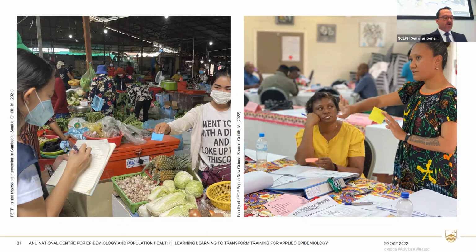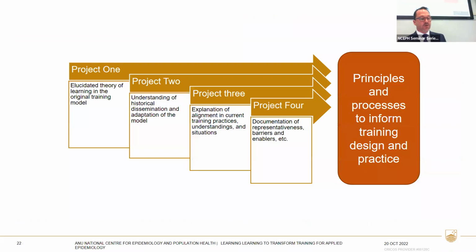To do this, we do not need more competencies and curricula so much as we do theoretically driven, contextualizable principles that inform program design and trainer practice. By exploring the theoretical base of the training model, describing historical forces that influenced its dissemination and impacts, and pointing out alignments and misalignments in current training practices, understandings, and situations, this thesis could generate those principles.